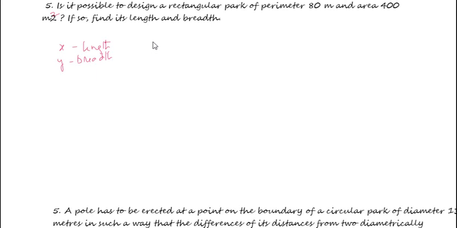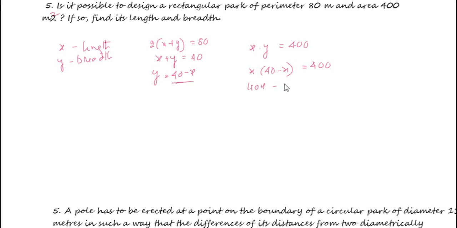Perimeter is 80, that is 2 times x plus y equal to 80. X plus y equal to 80 divided by 2 is equal to 40. So y equal to 40 minus x. Area is 400 meter square, that is x into y equal to 400, x into 40 minus x, that is equal to 400.